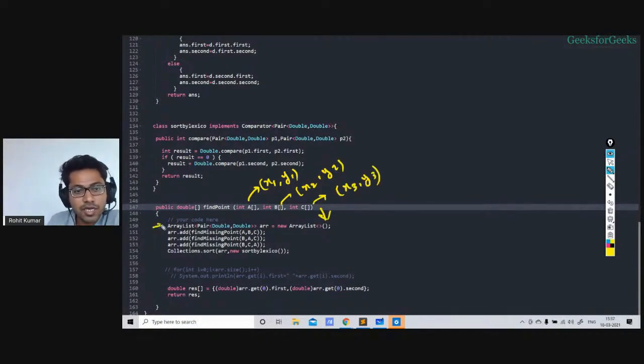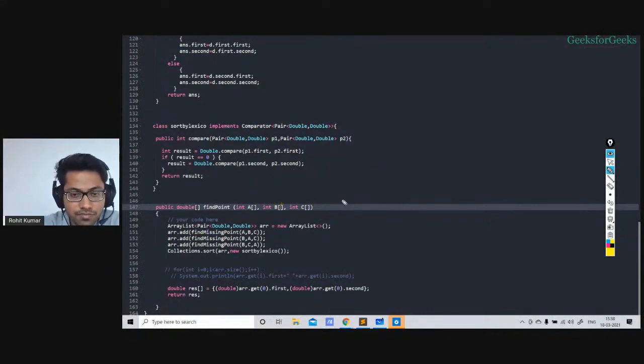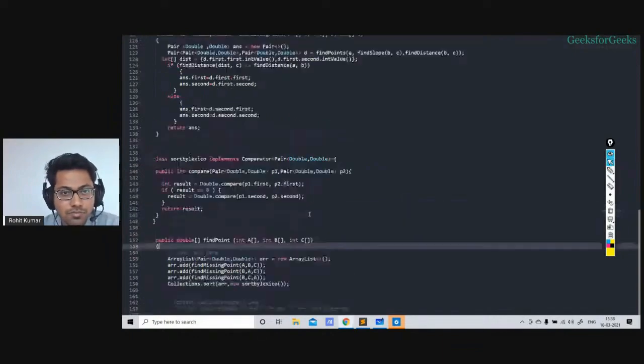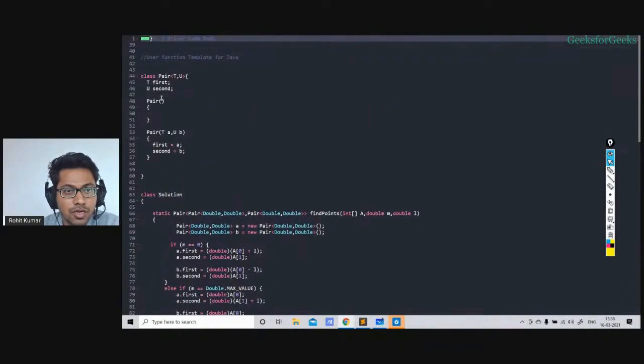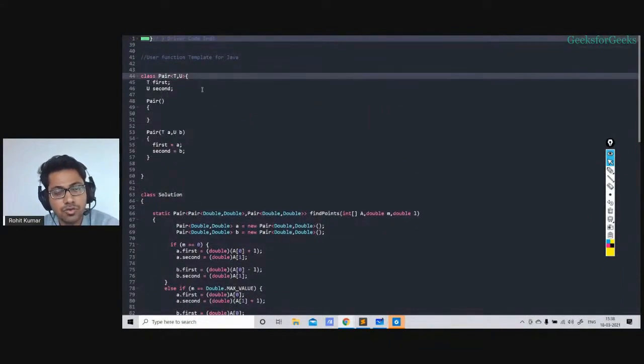After that, I have created an array list of pair. Now, what is this pair? It is a class where I'm using generics. Let me first explain that. If you go to the top, you see there is a class pair and I'm using generics. What do we mean by generics in Java?